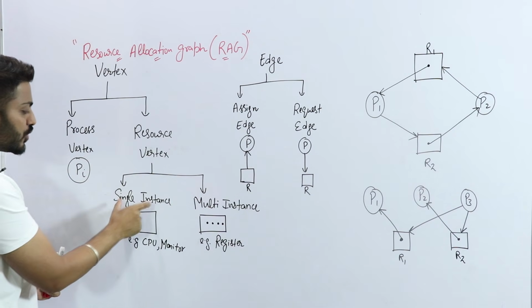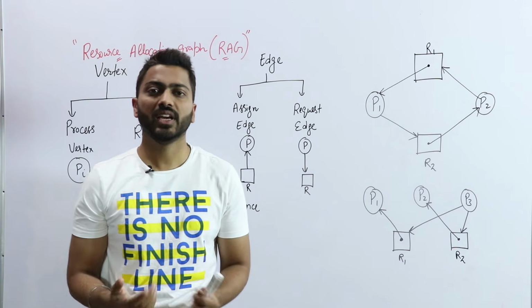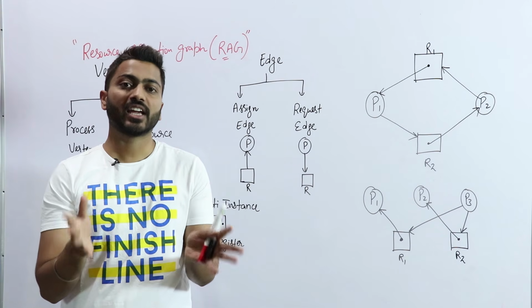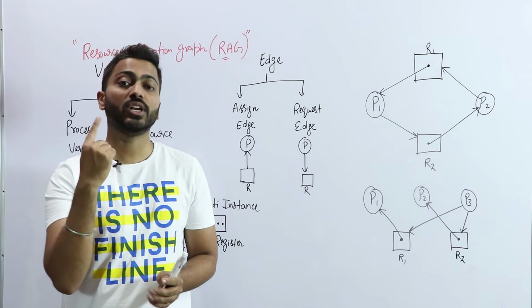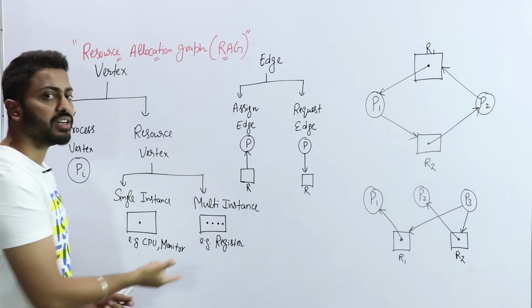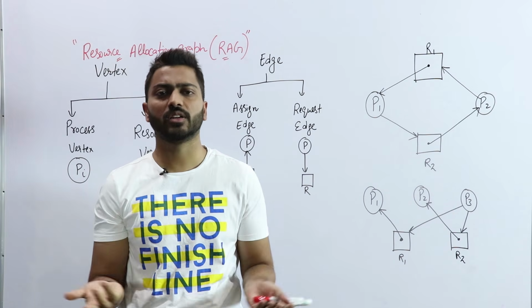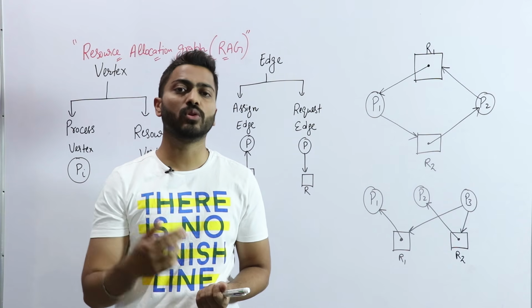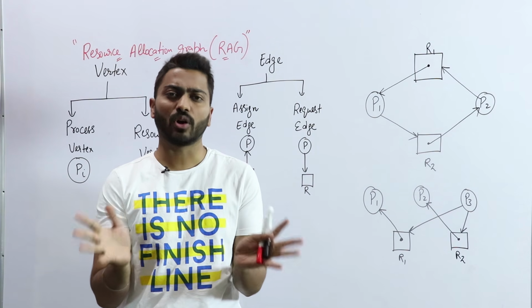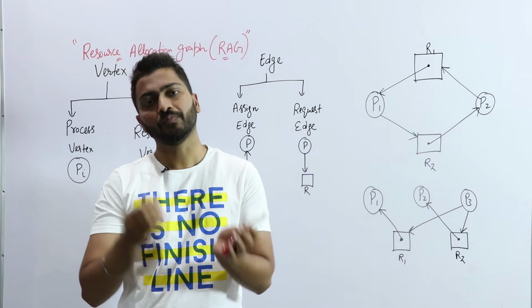And resources are of two types: one is single instance, one is multiple instance. In our system there can be a resource which is present only once, like a CPU or monitor. Nowadays we have dual core and quad core systems, but generally we can say that in our system we have one CPU, one monitor.